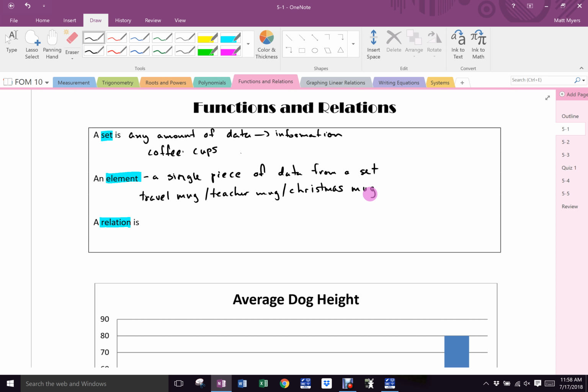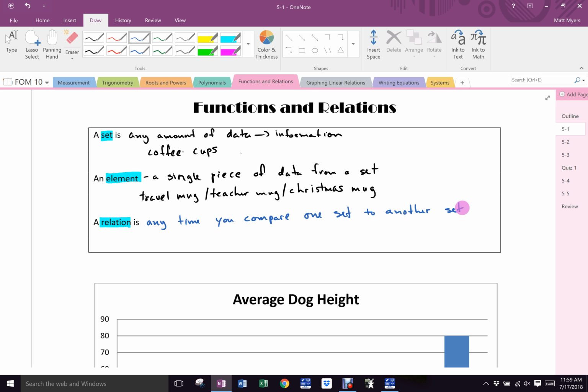Everybody understand? Now, a relation is any time you compare one set to another set. So, in my hand, this demonstrates actually 2 sets.